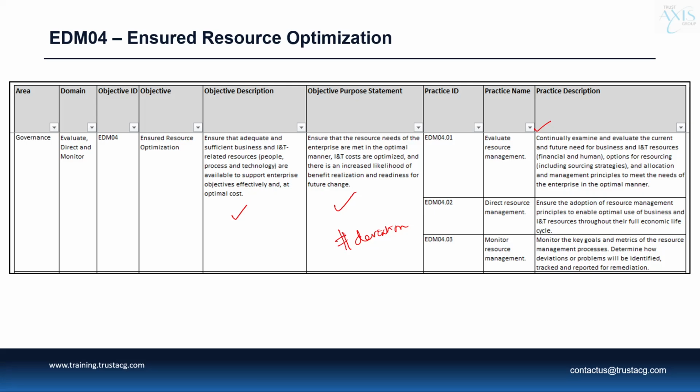So, the first thing that you can do is an examination of the current and future resource needs. Evaluate what your available resources are from a technology standpoint, from a finance standpoint, and from a people standpoint, and do an assessment of the sourcing options, whether you are going to procure them in-house, go through an outsource strategy, or a combination of both, like a hybrid strategy, that would help you meet strategic and operational goals.